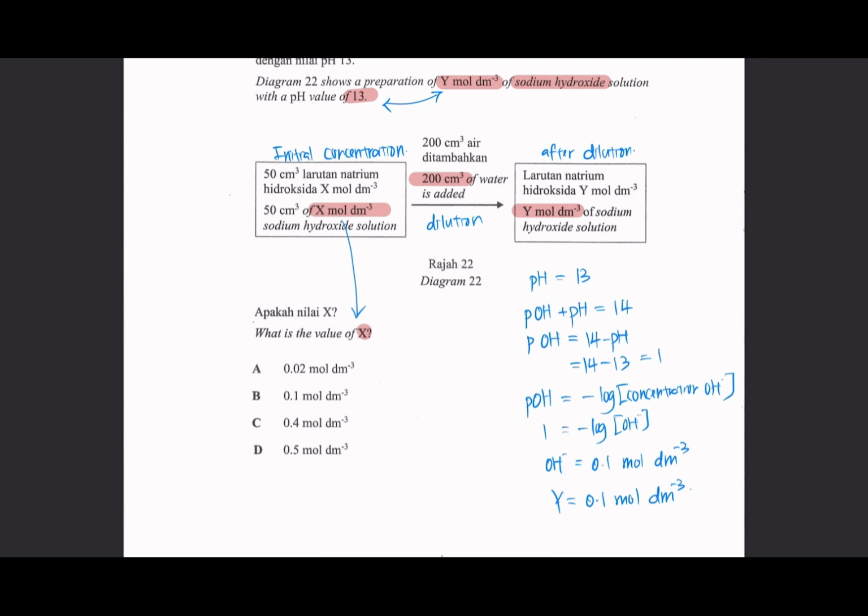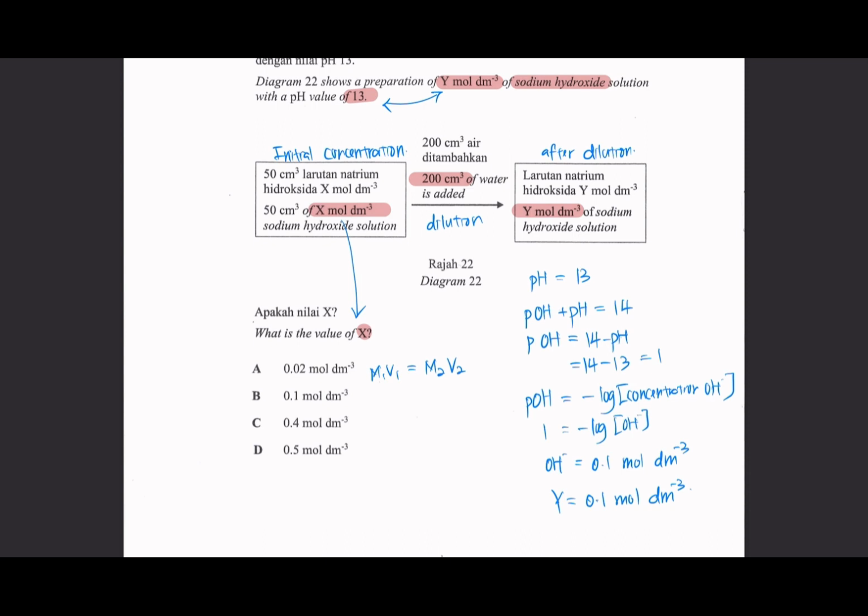So the question is asking for X. The Y is through the dilution. From the dilution, we have the formula M1V1 equals M2V2. This actually means the number of moles before dilution equals the number of moles after dilution.